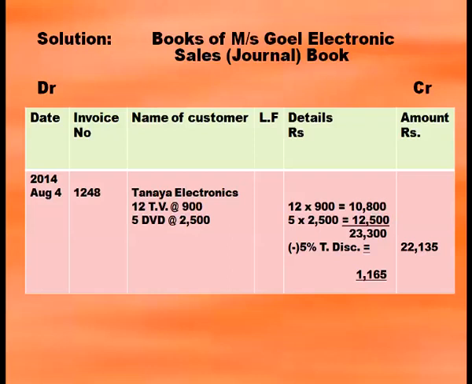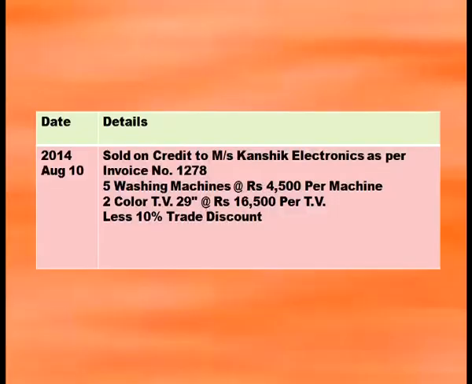Trade discount of 5% is to be deducted. 23,300 into 5 by 100 will give you 1,165. 23,300 minus 1,165, net amount will come in the amount column, that is 22,135.